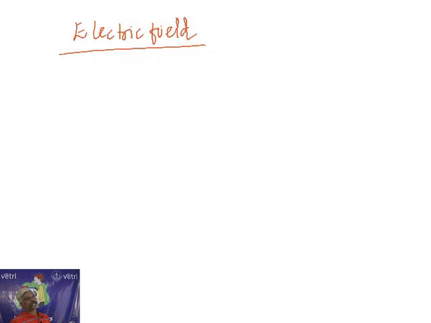It is a space around a charge in which the electric influence is felt. In the previous definition, the space in which gravitational influence is felt is where the gravitational field is there. In which magnetic influence is felt, the magnetic field is defined.